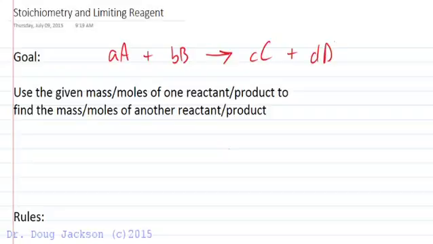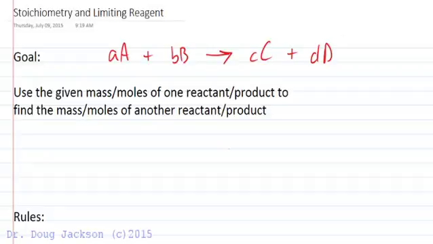Okay, so we've got this reaction with reactants A and B. The balanced coefficients, lowercase a and lowercase b, yield products C and D with their reaction coefficients as well.